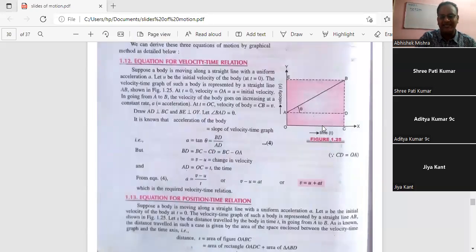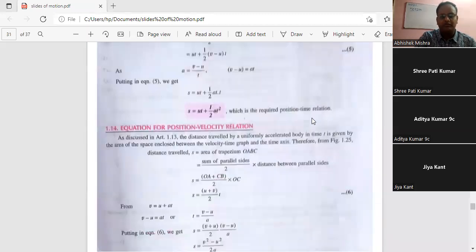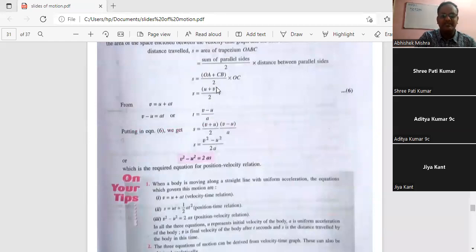You can see on the x-axis, the distance between the parallel sides, OC. So now you are getting here OA plus CB. We all know the value is U plus V, because OA is the initial velocity and CB is the final velocity, and OC is the time.